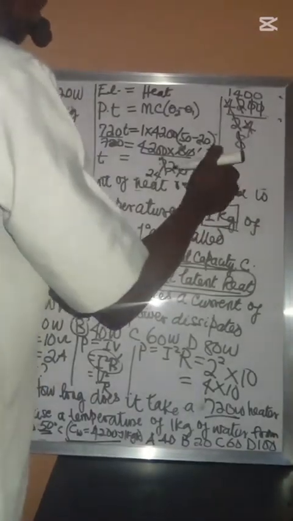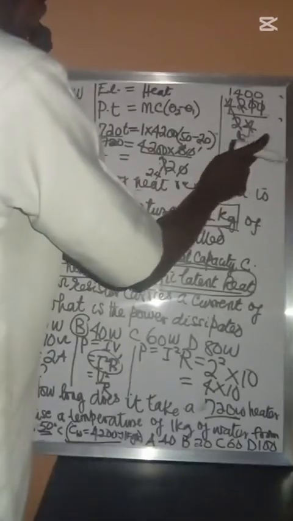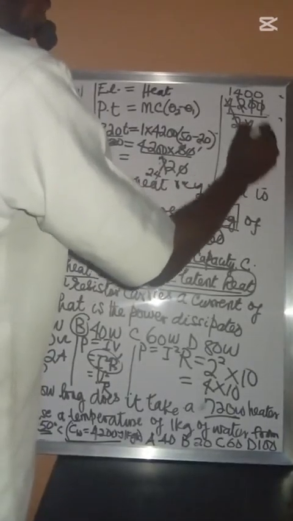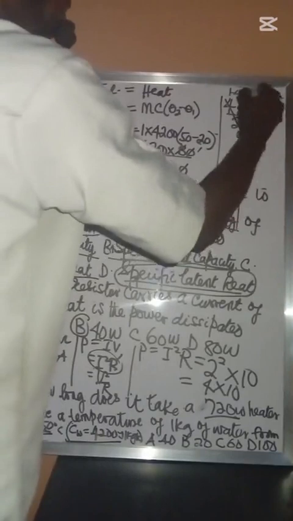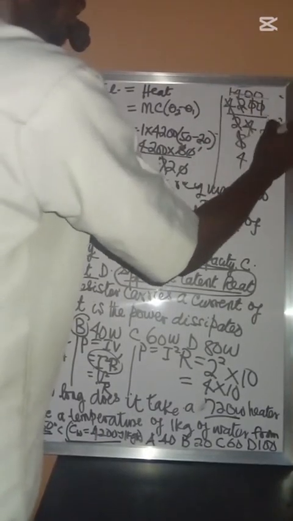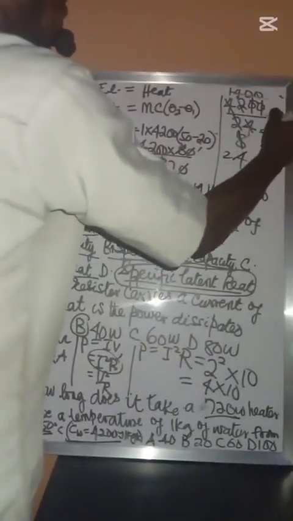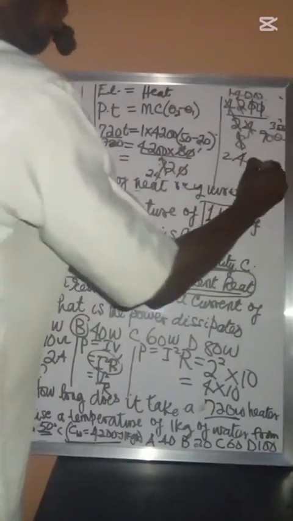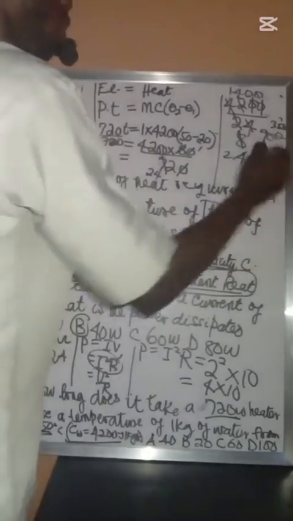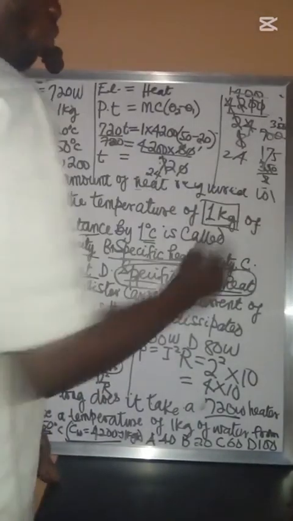Now 2 in 8 is 4. 2 in 14 is 7. 2 in 0 is 0, 2 in 0 is another 0. So 350 divided by 2. 2 in 3 is 1, remainder 1. 2 in 15 is 7, remainder 1. 2 in 10 is 5.